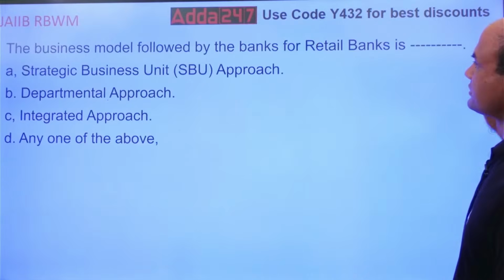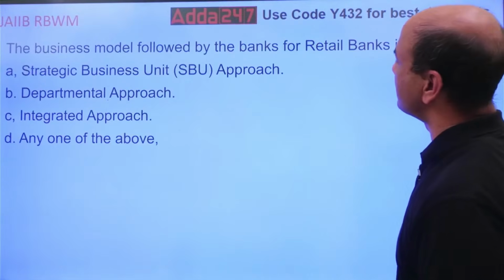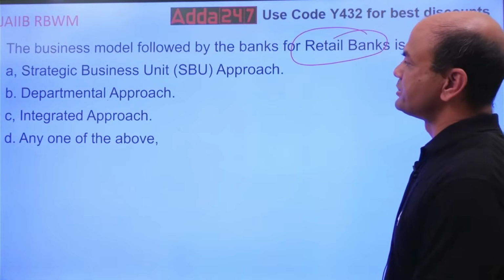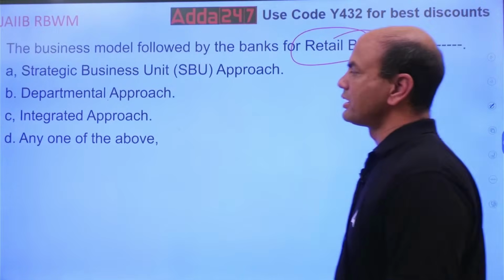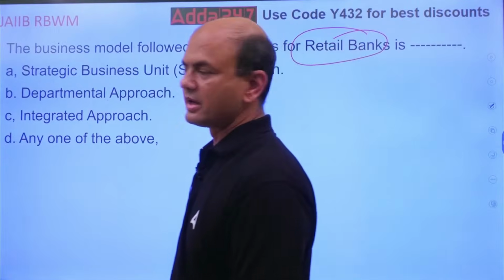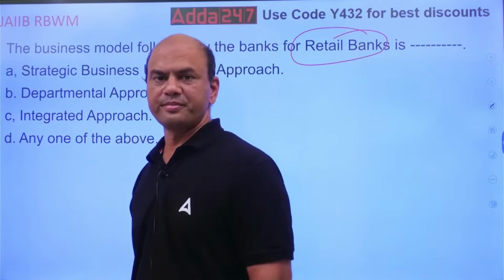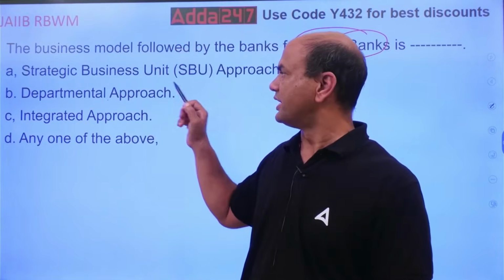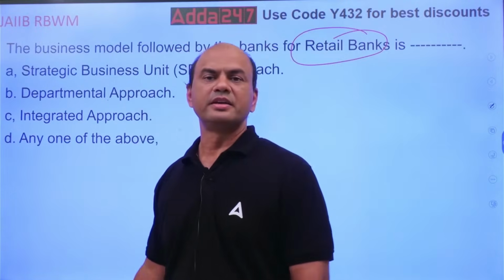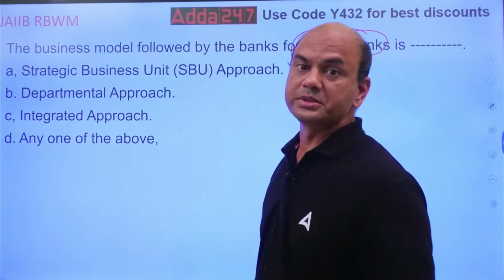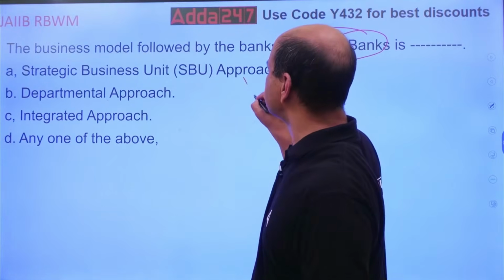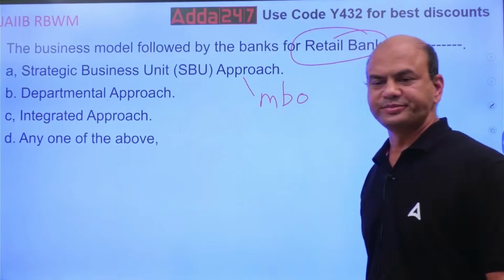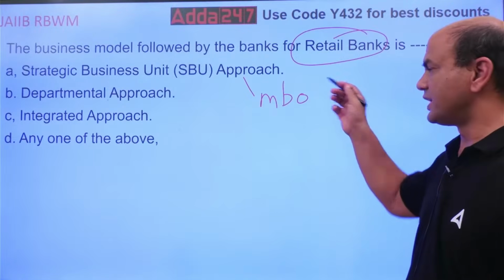Okay? A business model followed by the banks for retail banks is SBU, departmental, integrated, and any of the above. Firstly, let me explain to you what is this SBU, departmental. See here, SBU means what? It is by objectives. The separate word to this is MBO, management by objectives. What do you do in this SBU approach?